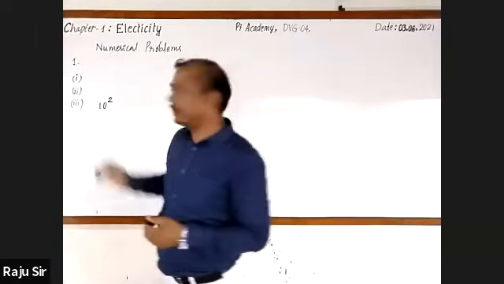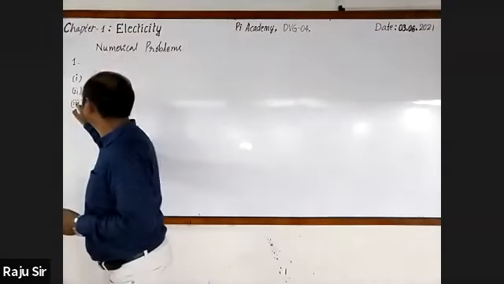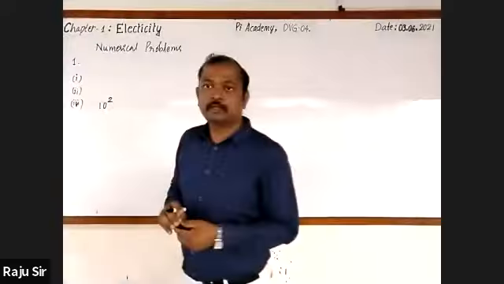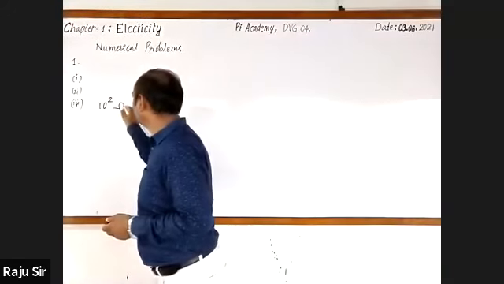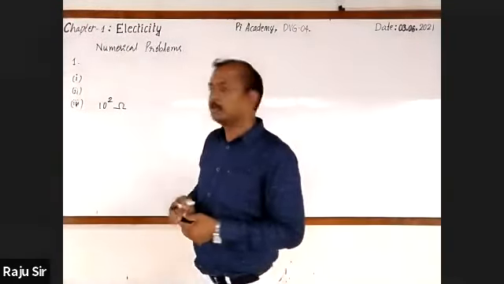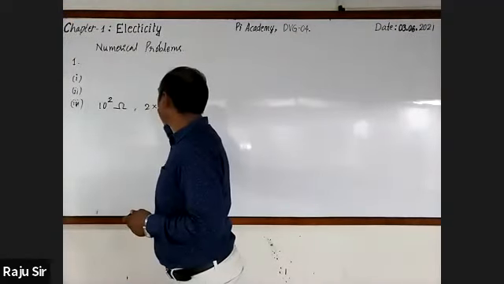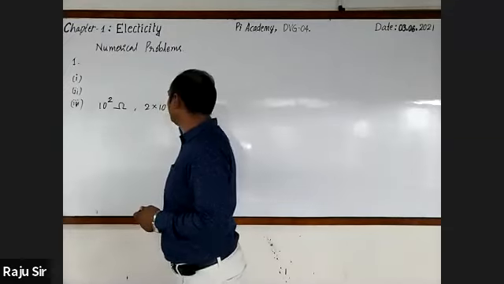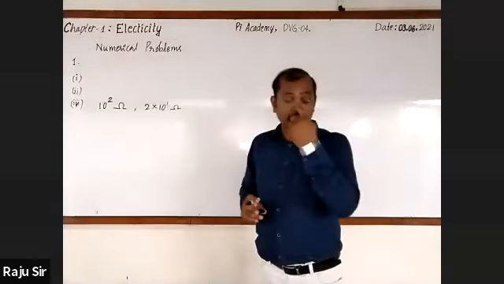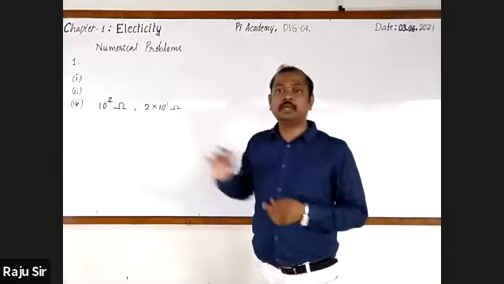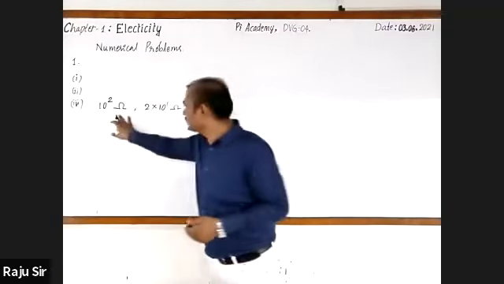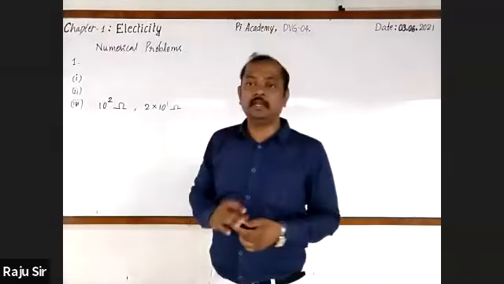One is 10 raised to the power 2 ohm, second one is 2 into 10 raised to the power 1 ohm. Then we have to find out the total electric resistance if these two are connected in series.